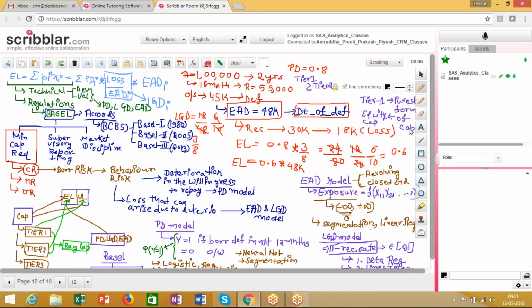It is not only important because it lays down capital requirements, or because you develop PD, LGD, EAD models, but there is a lot more to this regulation, right?